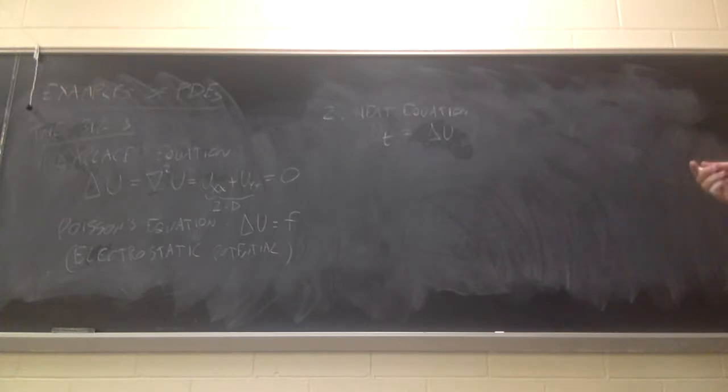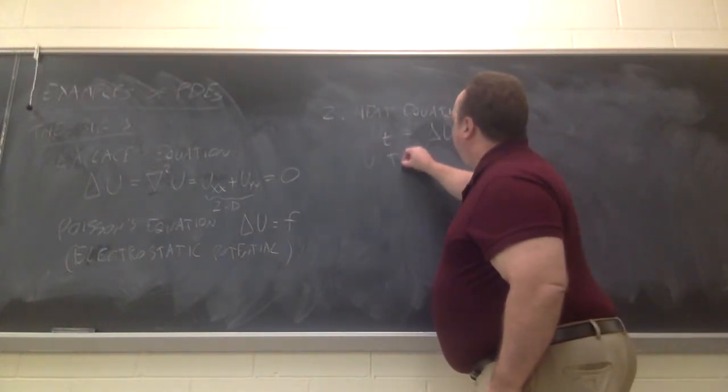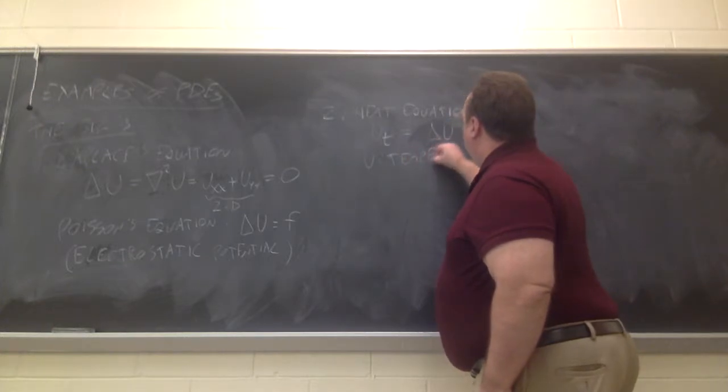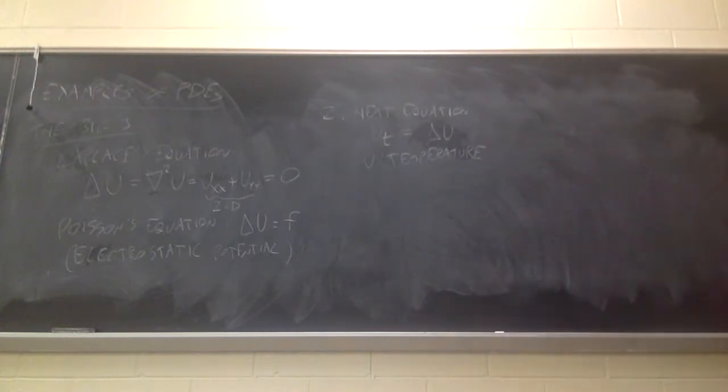And there may be a coefficient in there, but you can always do some change of variable to get the coefficient out and just have u_t is equal to Laplacian u, where u refers to temperature throughout whatever spatial domain you have. There may be additional terms, like if I have some external heat source that would affect the temperature, but I would add that term onto the right side.